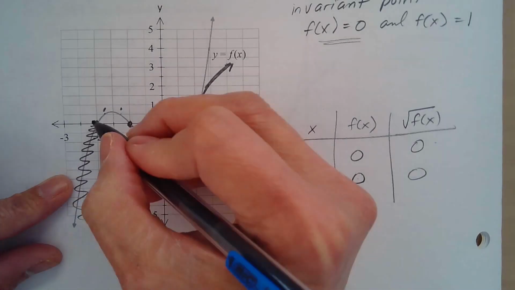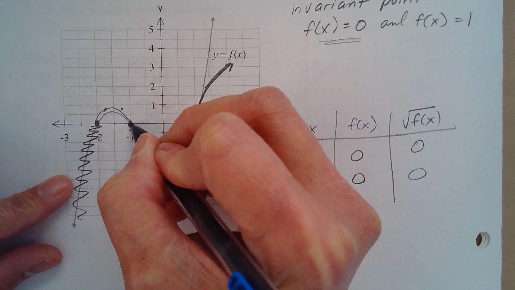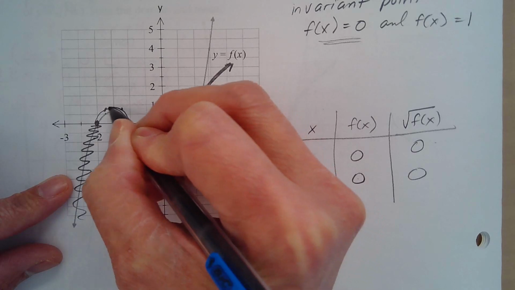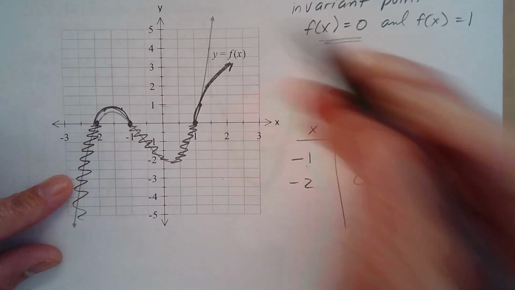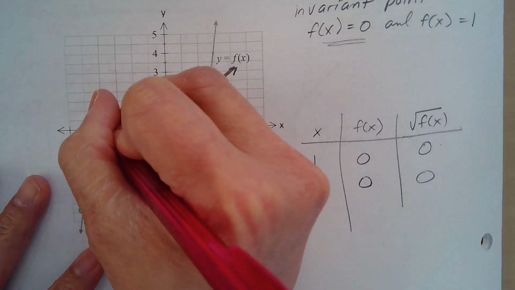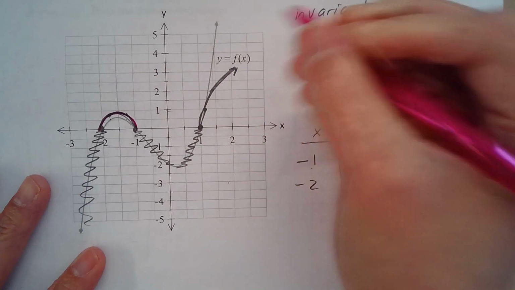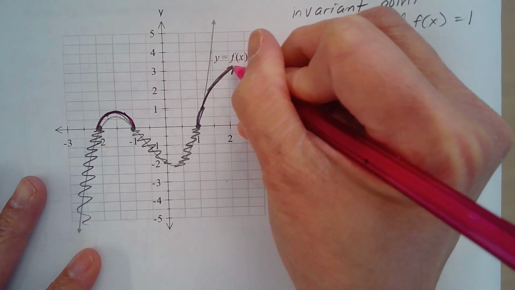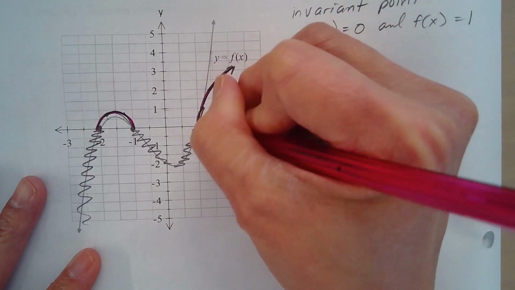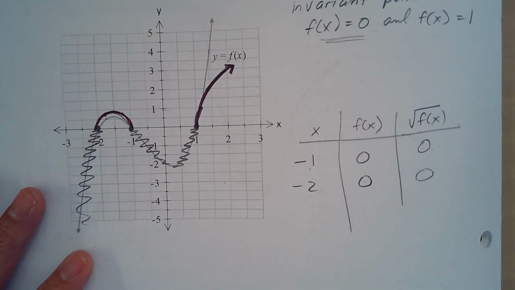So it's going to go like this, slightly higher. So I'm just going to make that really different. So this is that part, and then this is that part. Okay.